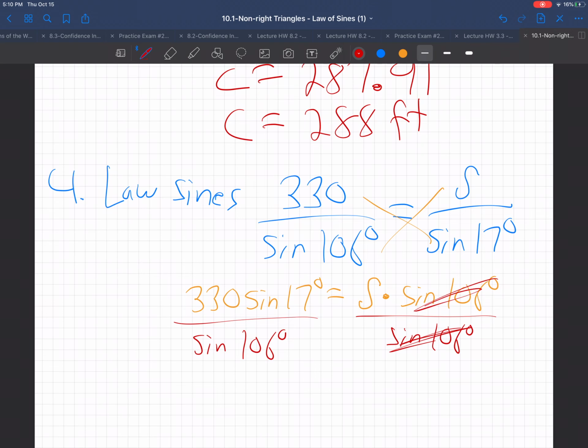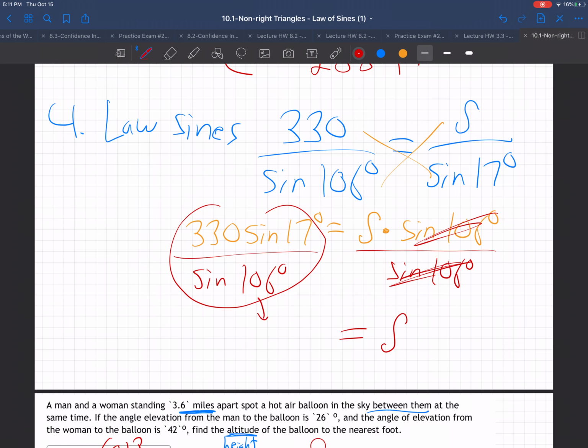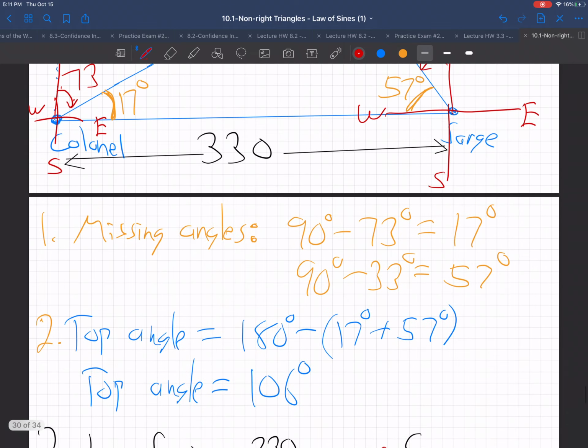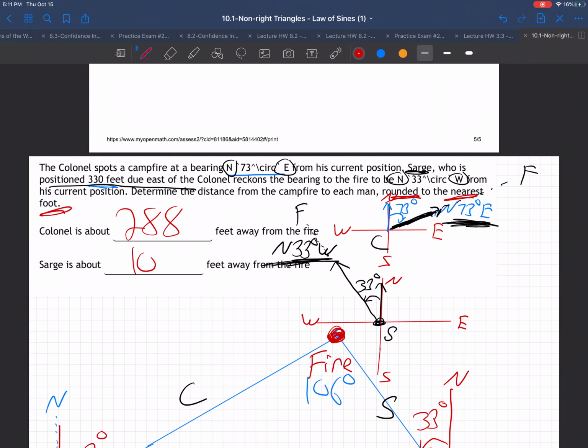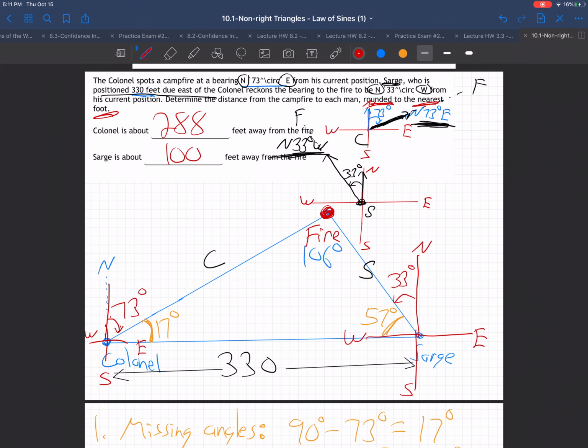These cancel, and we'll use our calculator to find out how far the Sarge is from the fire. 330 times sine of 17 divided by sine of 106. I'm getting 100.37. We'll round that to 100 feet even. Sarge is 100 feet from the fire, so we'll put that answer in. It makes sense. Sarge looks closer to the fire than the Colonel, right?